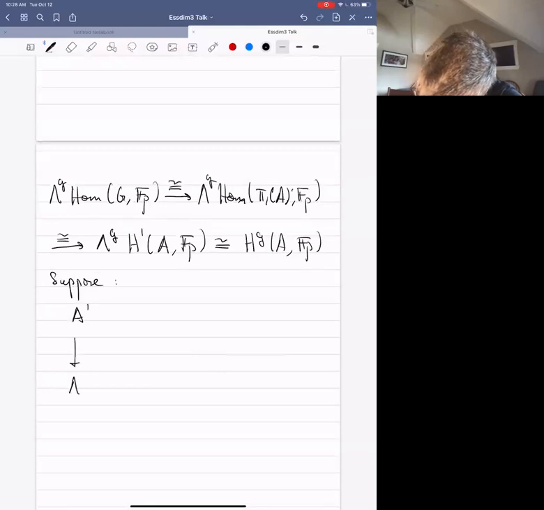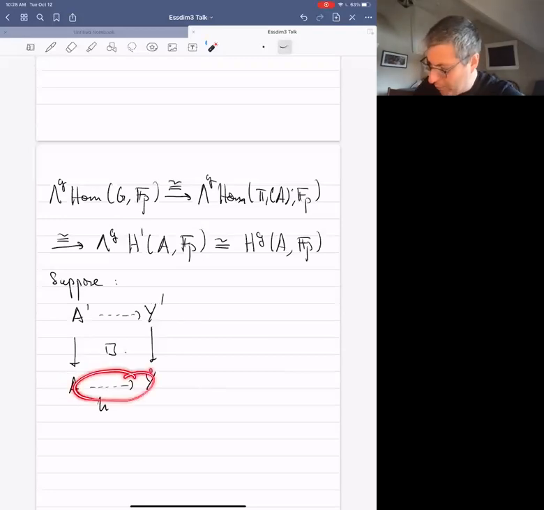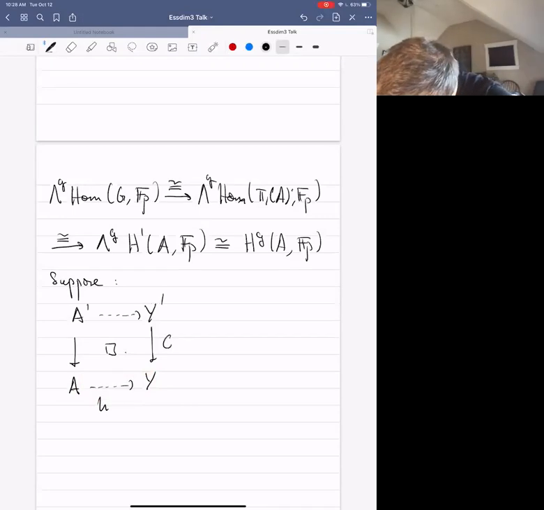So I have this A, and let's suppose that this covering can be reduced to something of smaller dimension. I've written the arrows dotted because, as I said, in our earlier definition we had to restrict to an open set, so this will just be a birational map. And let's suppose this is a G cover, so our G cover on the left comes from a G cover on the right.